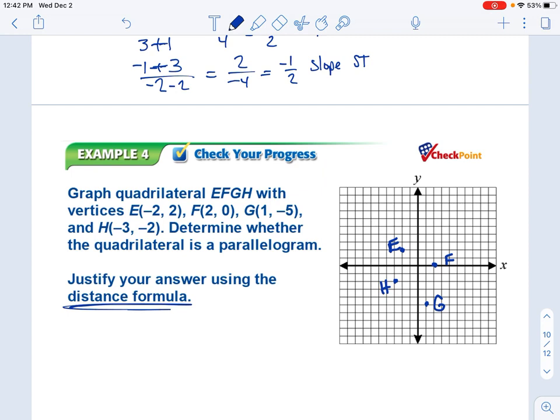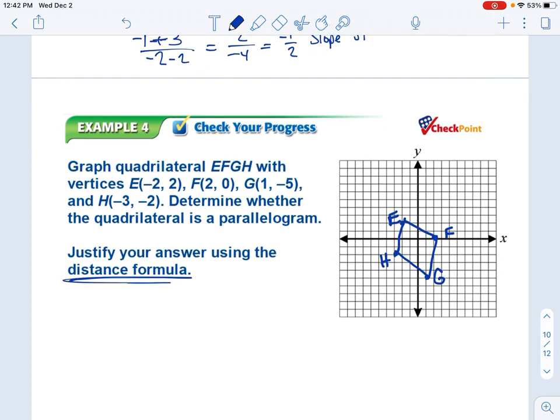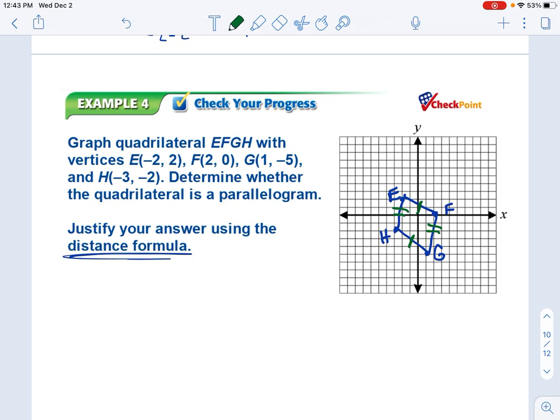So let's see, can I draw this in well? I'm going to do my best I can. Okay, so don't go off of just what the picture looks like. Actually solve for this. So I know EF needs to be congruent to HG, and FG needs to be congruent to EH. So EF, find the distance.